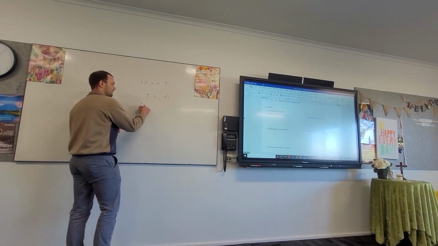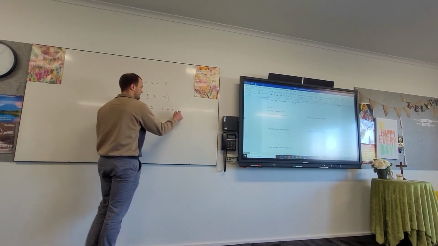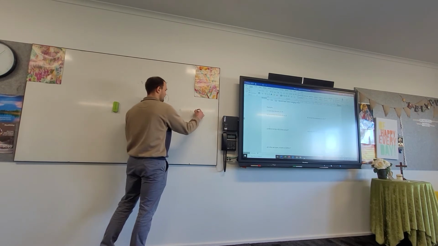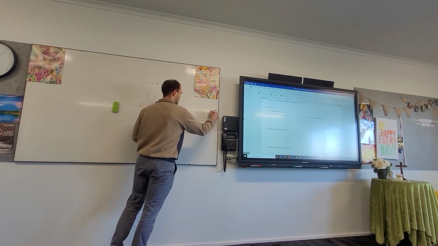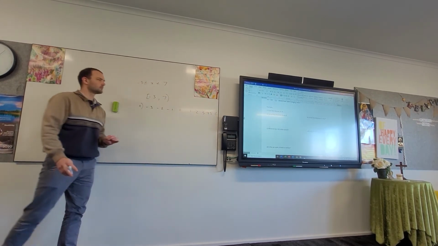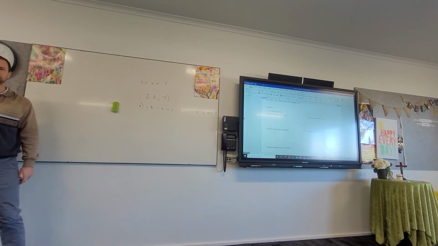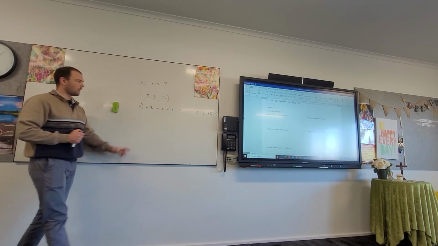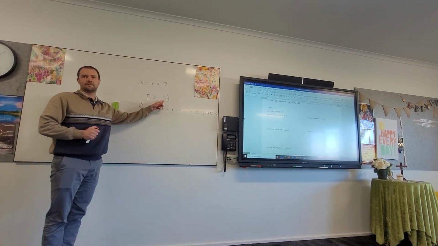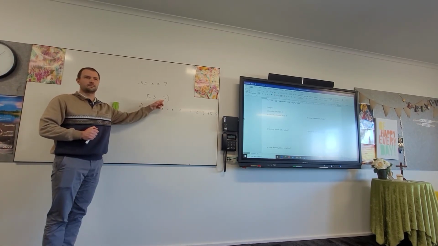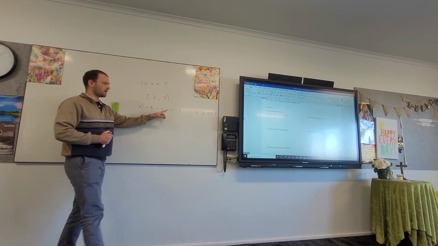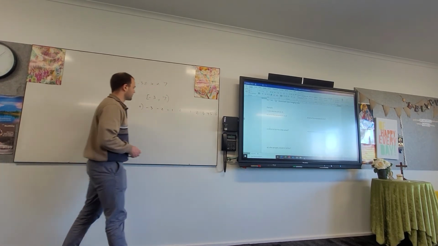For part A, that's going to be -3, -2, -1, 0, 1, 2, 3, 4, 5, 6. Why didn't I put 7? It's all the way up to 7, but not including 7. The highest it goes to is 6.999, and that's not an integer, so we're not including it.